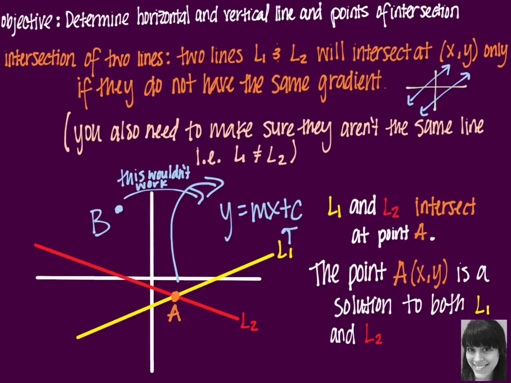And it means that that point is not on the line L1. So the point A at which both lines intersect will work in both equations L1 and L2. I will show you what I'm talking about on the next slide. But go ahead and finish writing. Lena, go ahead and pause it now.